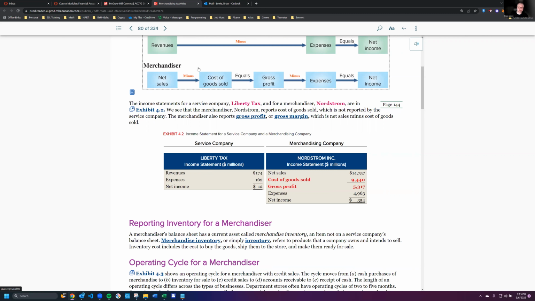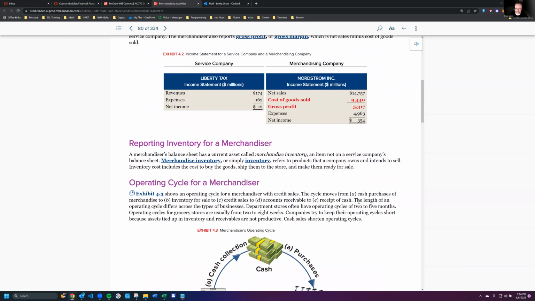They expense it directly as it's earned or as is incurred. And so you'll generally be able to summarize a service company's income statement by revenue minus expenses equals net income. Whereas a merchandising company, you're going to have this whole cost of goods sold component, come up with a gross profit minus your expenses to come up with a net income.